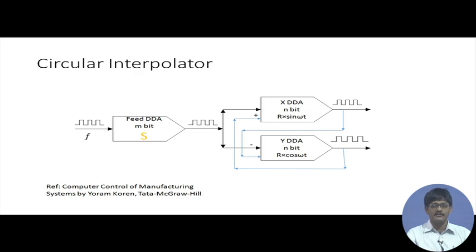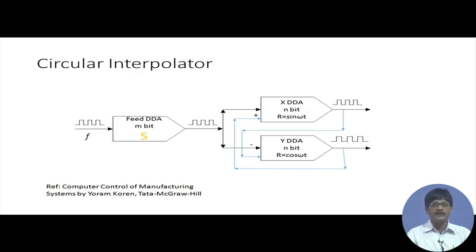Whatever was there for the linear interpolator, the same thing is there for the circular interpolator. Whatever frequency of pulses were coming in from the system clock, the same pulses are coming in here as well.